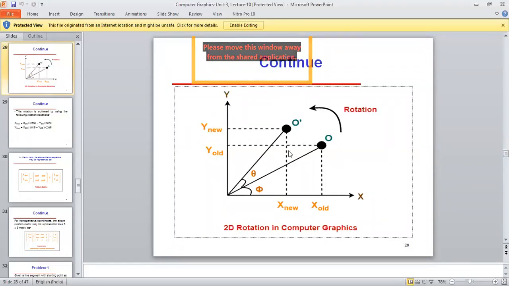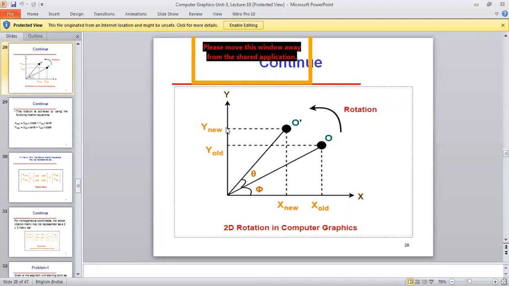So we can calculate the corresponding coordinates as x new and y new, because initially we have our image here, and finally we rotate our image.